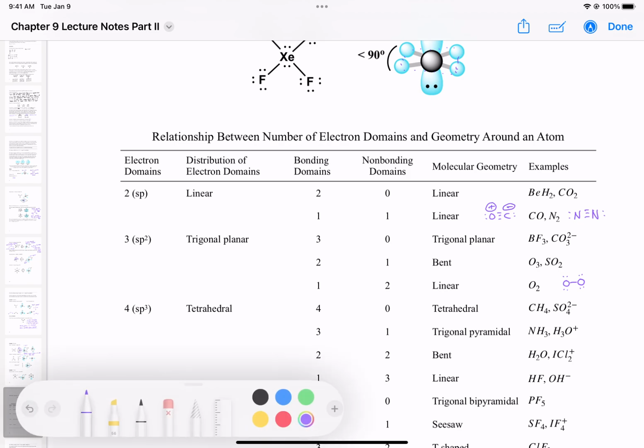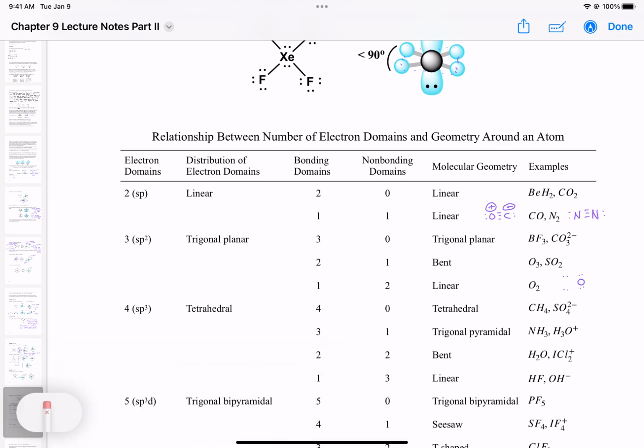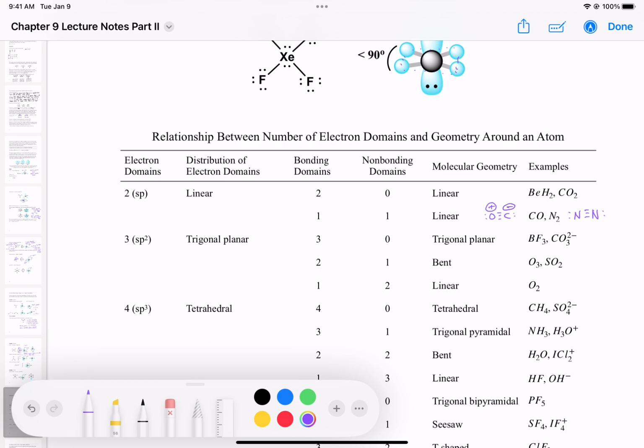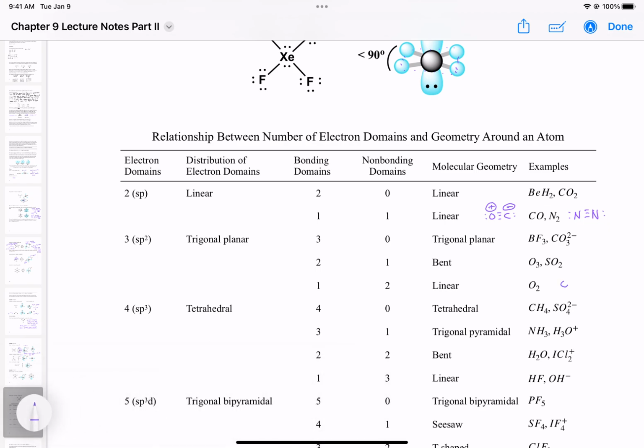Oh, I see what they're talking about. So oxygen, we usually draw it a little bit differently. So usually we represent it like this. 2, 4, 6, 8. Yeah. So you see here that each oxygen atom has 3 electron domains around it, but since it only has 2 atoms in it, it's always linear. So that's why it's always linear.